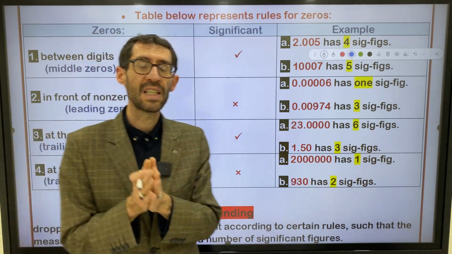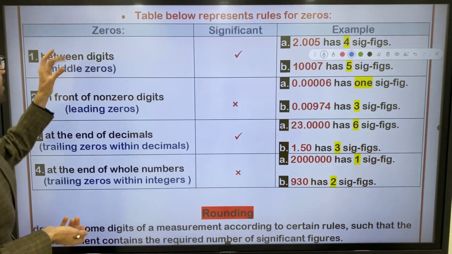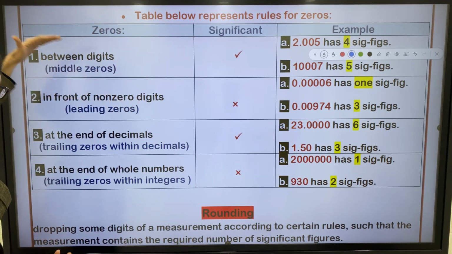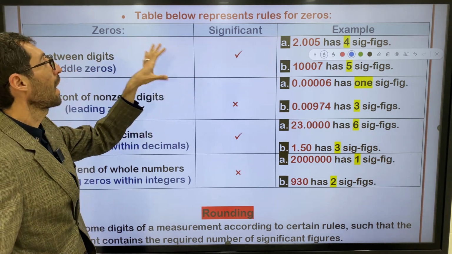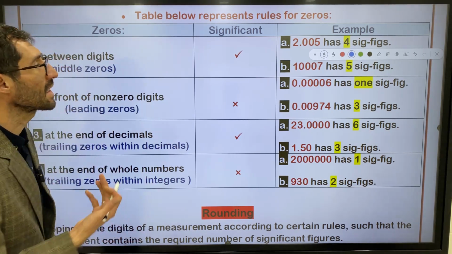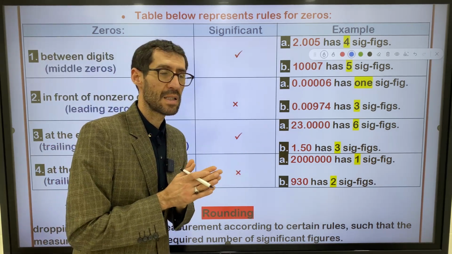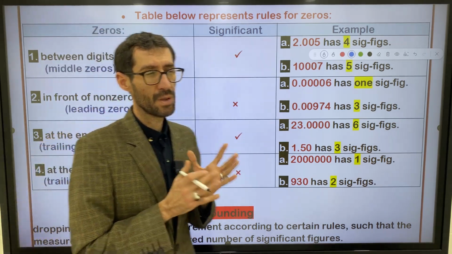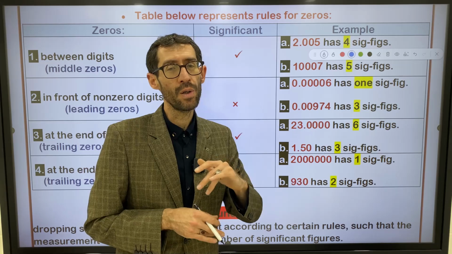Zeros sometimes are considered significant, sometimes not. But we have a rule, actually. We have four rules. We have a table here about the rules of determining zero as a significant figure or not.